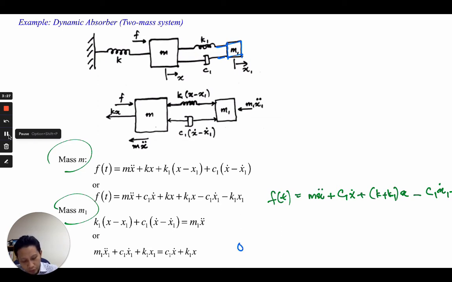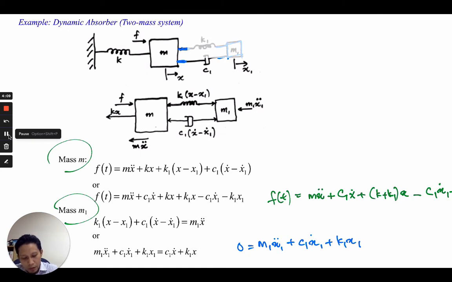So we have 0 equals M1 x1 double dot plus the damper C1 x1 dot, and then K1 x1, and then we need to consider the motion due to mass M. In this case, we have K1 and C1.